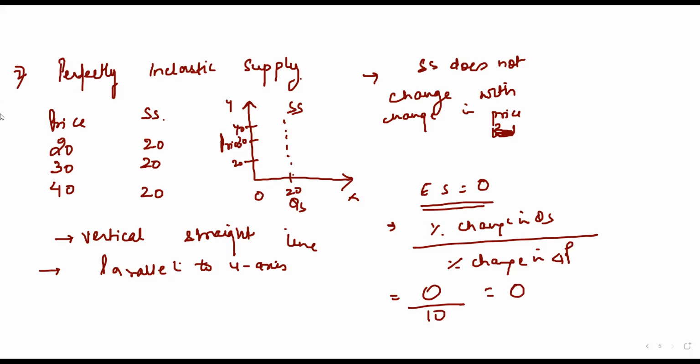Perfectly inelastic supply: when supply does not change with change in price, then supply is said to be perfectly inelastic. Quantity supplied is remaining the same at 20 units, whether the price is 20, 30 or 40, right? So this is also an imaginary situation because usually a supplier would like to increase supply at an increased price. Got it? I hope this much is clear.